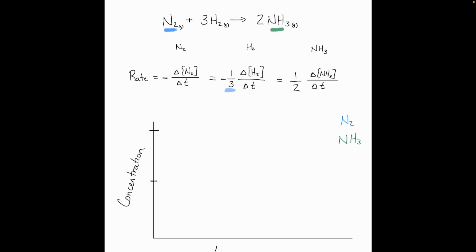I'm going to start out with a bunch of nitrogen, and what's going to happen over time to the concentration, increase or decrease? It's going to decrease because it's a reactant, right? So I'm going to see that this goes down. That was terrible. And then what's going to happen to my concentration of ammonia? It's going to increase over time.